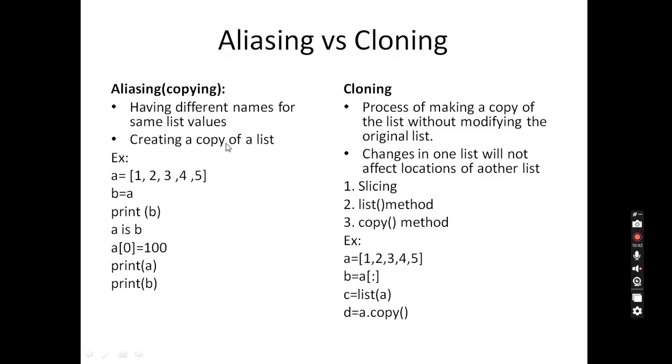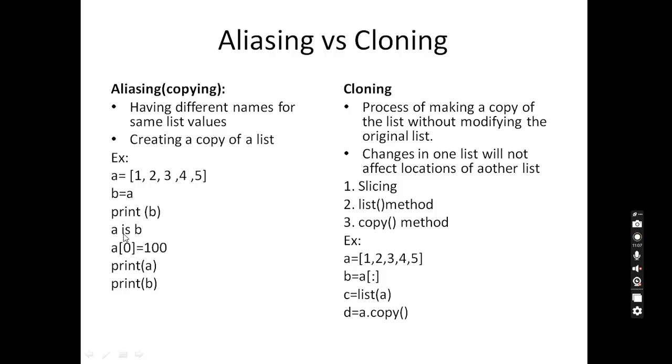That is, we are going to create a copy of the list alone. For example, a is equal to 1 to 5, I can have list values. I assign b equal to a, so that if I print b, it also contains the same values, 1 to 5. If I check a is b, the is operator is nothing but the identity operator.